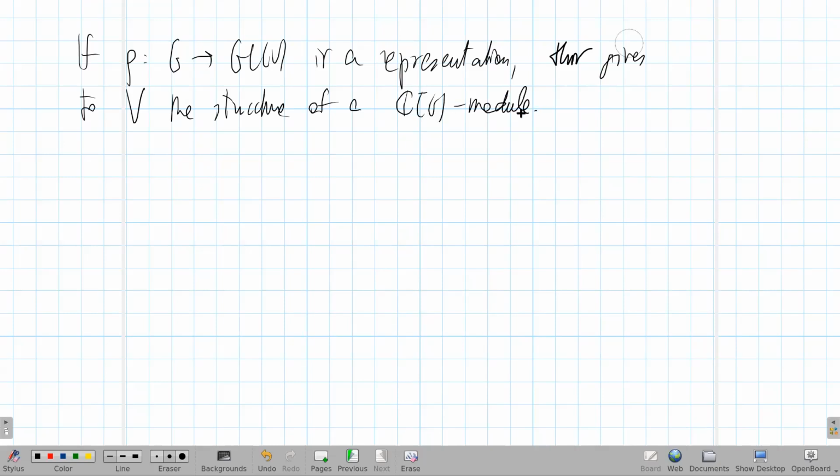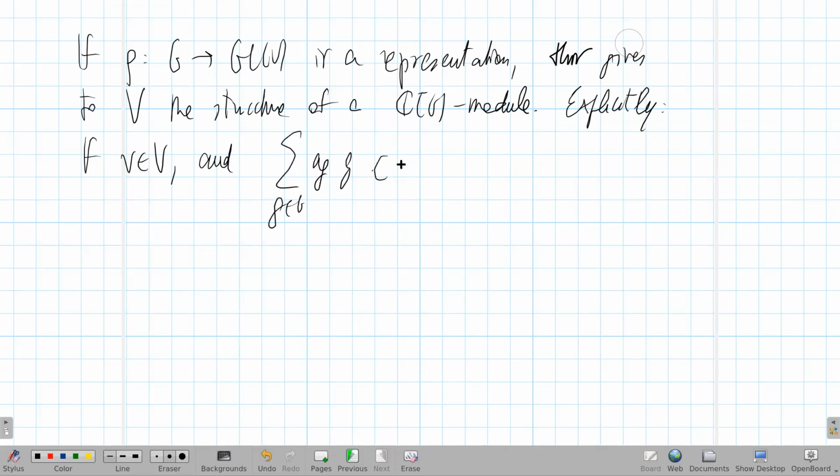And the structure is absolutely clear. Let's be explicit. If v is in V, and I take an element in the group algebra CG, all these a_g are coefficients. The structure of a module means that these are, in a sense, the scalars, and these are vectors.